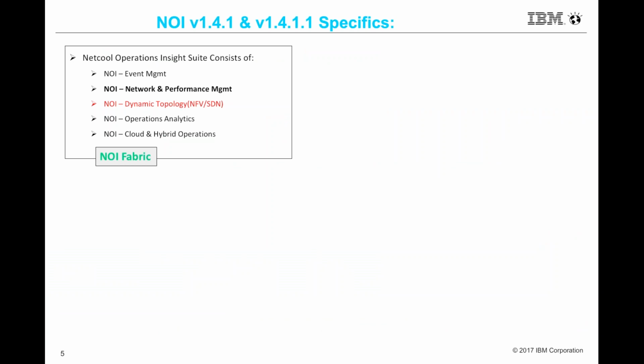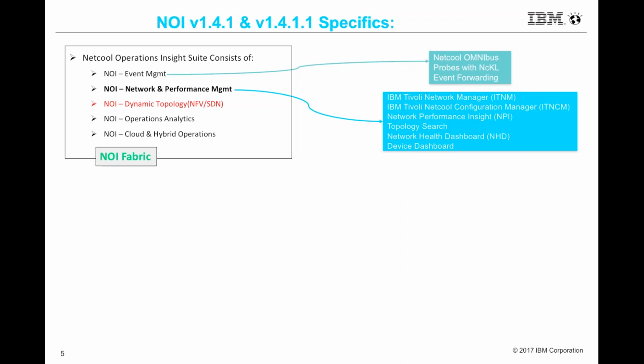If you take NOI 1.4.1, we have the event management that comes with the Omnibus probes with the Netcool library and the event storage. And then we have network and performance management that comes with various components here: ITNM, NCM, NPI, which is the new addition as well, topology search, and network health dashboard, followed by device dashboard.